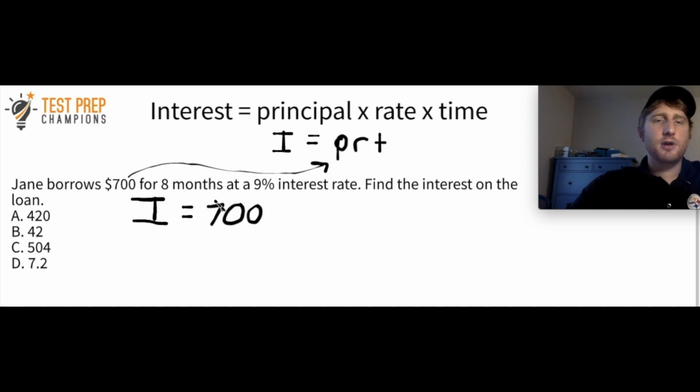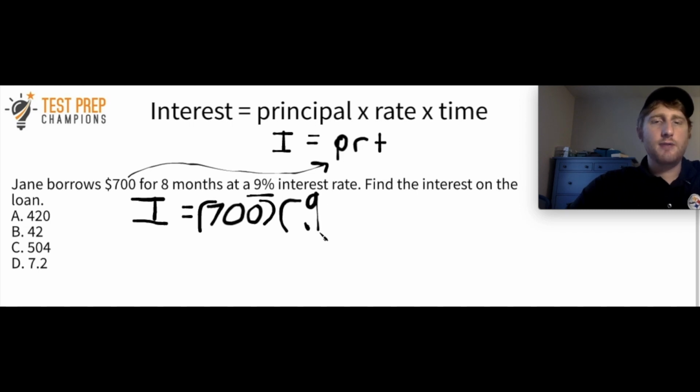So we've got 700. And now the question is, what am I going to plug into the formula for R? Well, I have this 9% here, and remember, I have to take that 9% and write it as a decimal. When I write 9% as a decimal, I plug in 0.09. So I'm willing to bet that someone out there watching this, maybe you, put in 0.9.